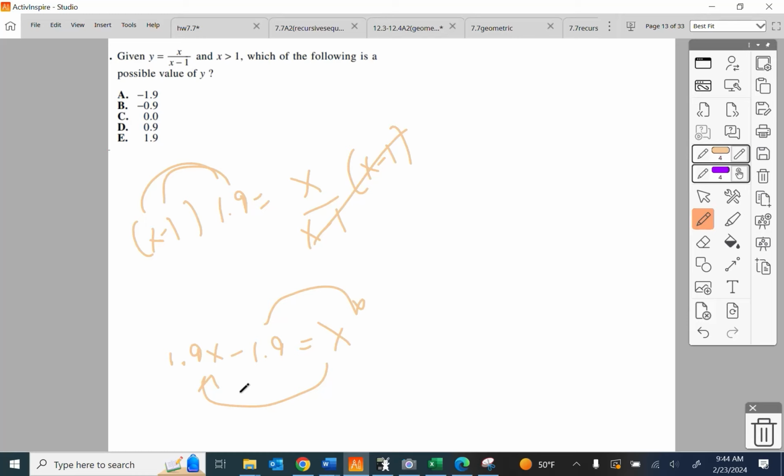It's kind of interesting what's happening here. What's happening here is we're getting 1.9 equal to, oh, this is fine, isn't it? Equal to 9/10 of x.